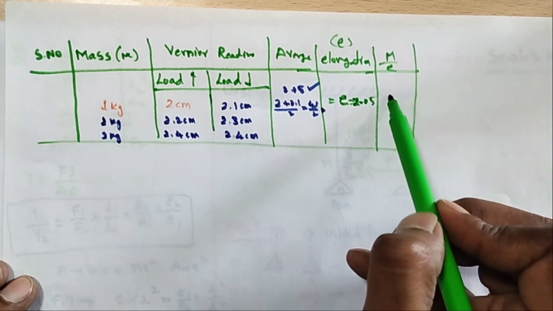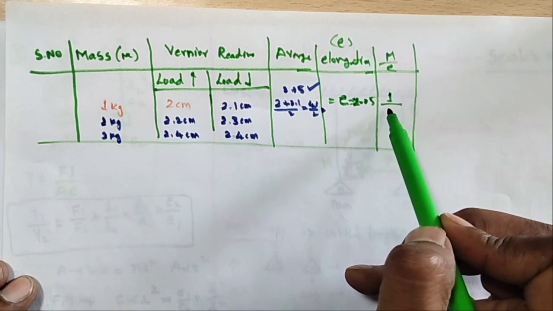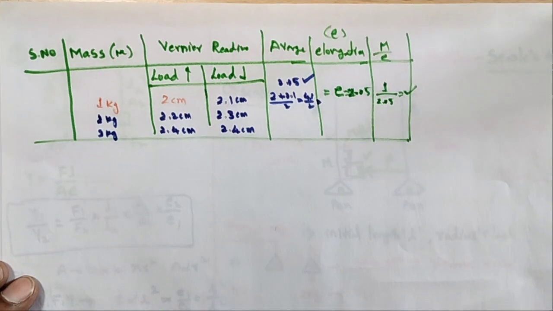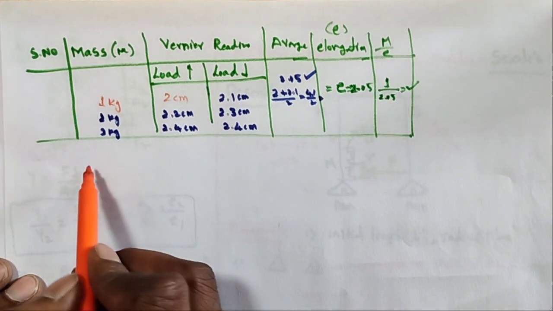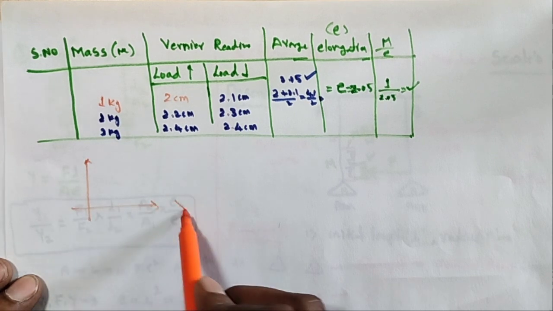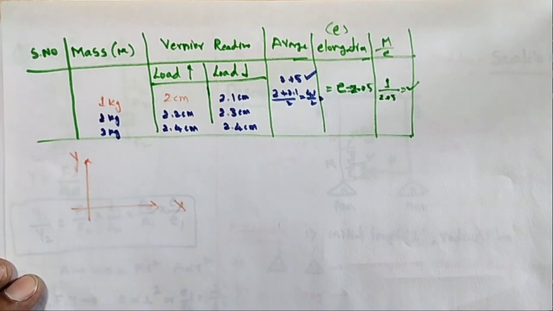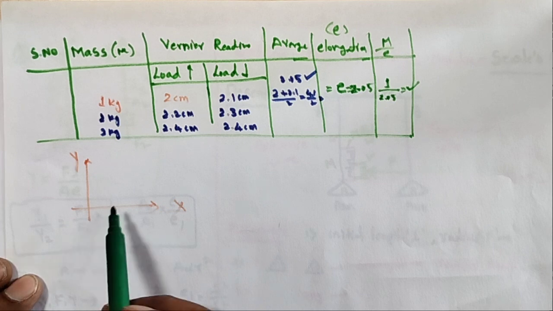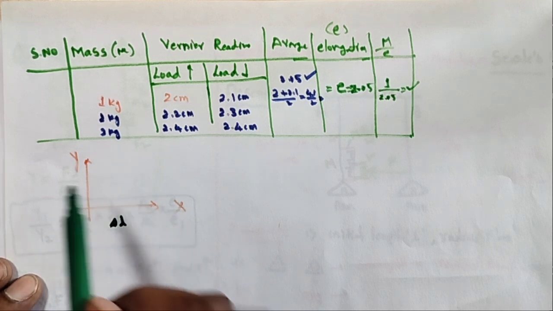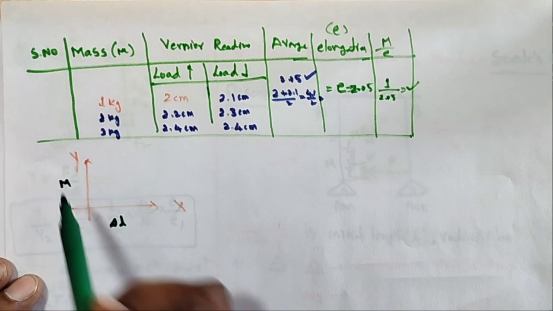What is M? 1 kg. So with e as 2.05, you can calculate M by e. Therefore we draw one graph, with x-axis and y-axis. On the x-axis you take delta L, that is the elongation values, and on the y-axis you take capital M.